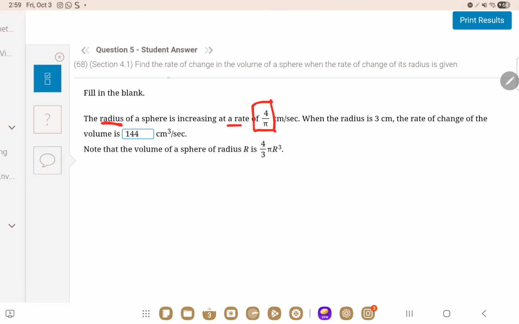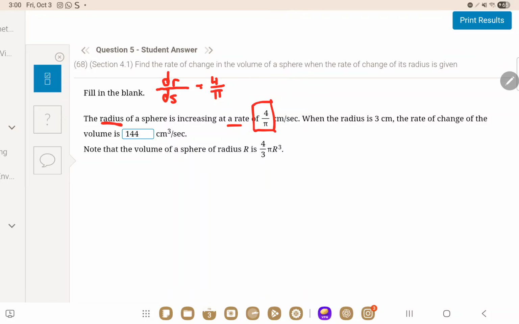So the radius means we're going to find the rate, the derivative dr by ds. S is seconds, r is radius. So dr by ds is equal to 4 over pi.